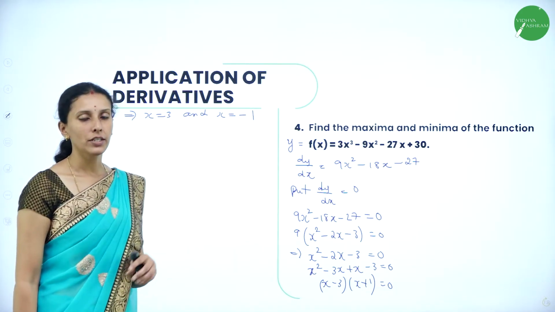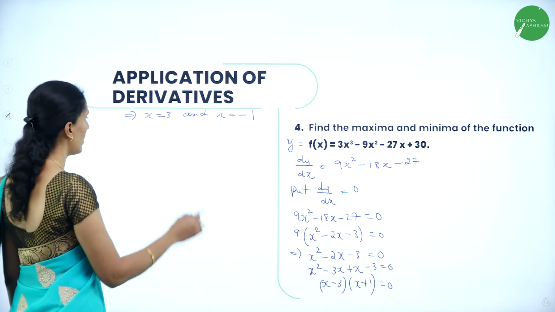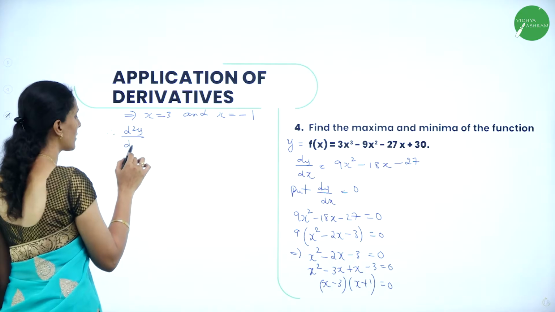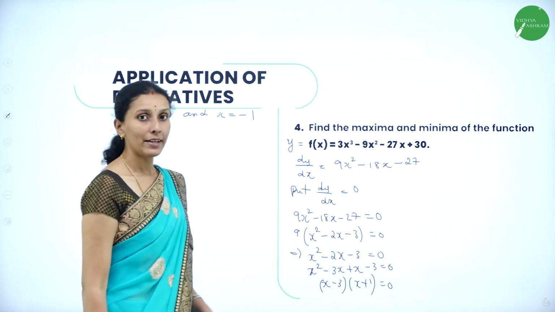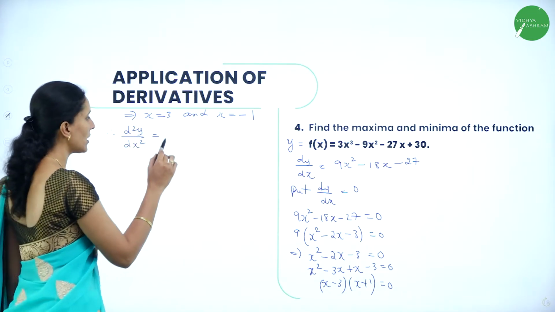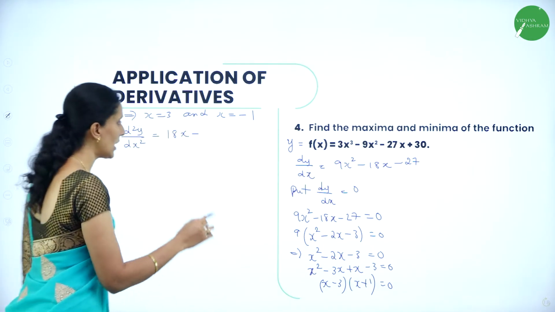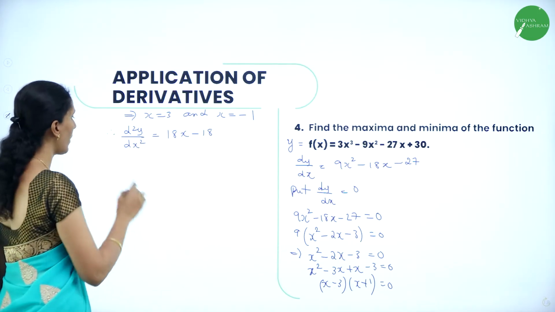The next condition is we need to find out d square y by dx square. So therefore, d square y by dx square is equal to, we have 9x square is 2x, 9 2s are 18x minus, differentiation of 18x is 18. Let us put the values of x.